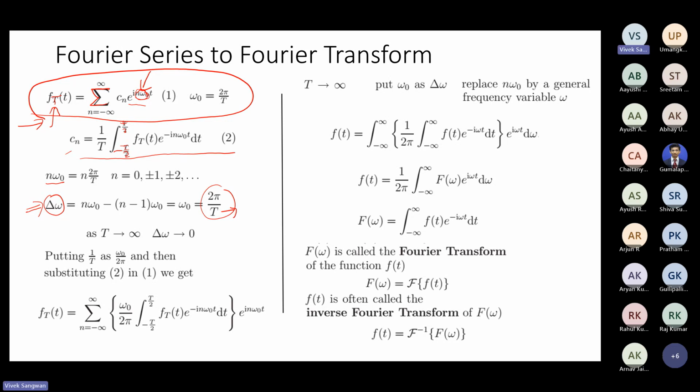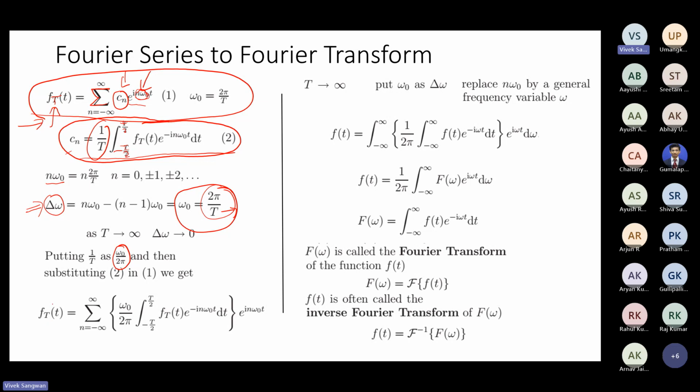So in this expression for Cn, we just substitute 1 by T as omega 0 by 2 pi. They are related by this expression, and this is just a constant, so we can do that. Also, we substitute this expression of Cn right here in this Fourier series.